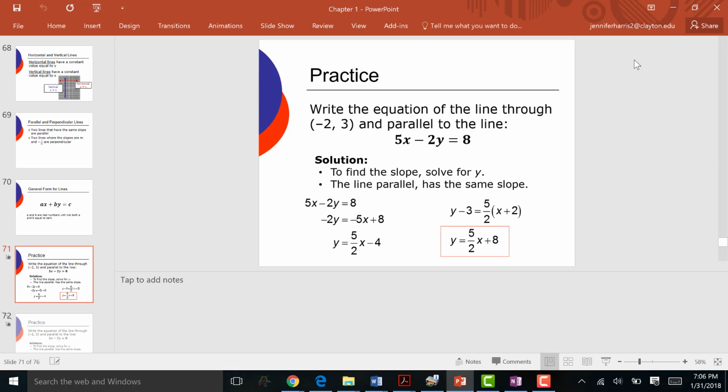So I'm going to plug all these things in now that I have enough information. Step 2 is to plug in x1, y1, and m.